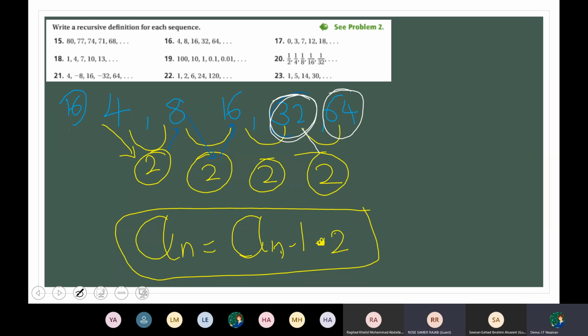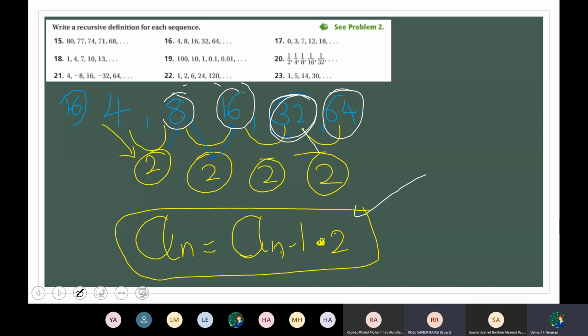Teacher, when you put the numbers in the formula, how do they look? Like this, the recursive formula: a of n is a of n minus 1 times 2. That means I need to find the third term by using the previous term, which is 8, multiplied by 2. Do we put the term number in place of the n under the a?